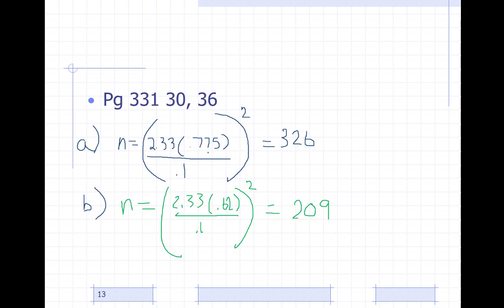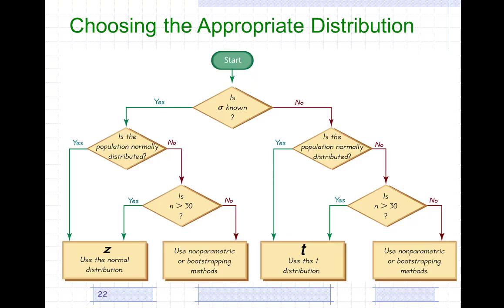And so we get a much bigger sample size than the result from Part B. But the result from Part B is likely to be better because we actually used a calculated value as the estimate. So this one is probably going to be the better size. So that gives you an example of how to do those.